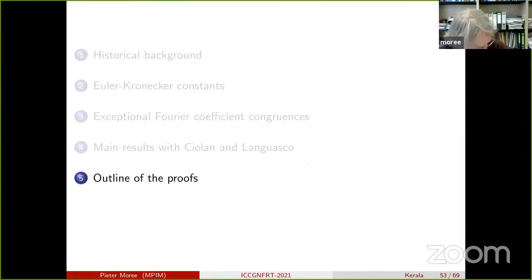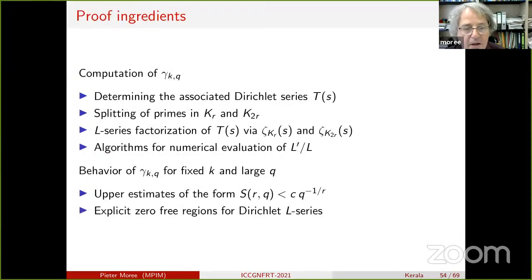Let me finally say a little bit about what type of ingredients go into the proofs. You have to look at the associated Dirichlet series. Remember that I defined for a multiplicative set this series L_S.